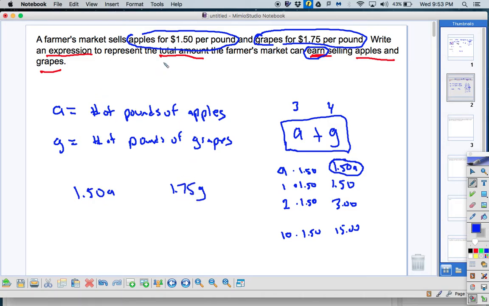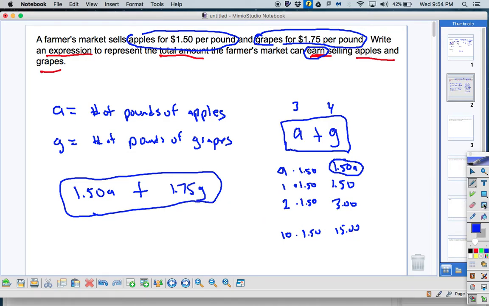Now it says that I need the total amount, and when we want the total amount, we simply want to add them up. So we're going to put a plus inside. So here's our expression right here that represents the total amount that the farmers earned selling apples and grapes. It's $1.50 times A for apples plus $1.75 G, meaning grapes.